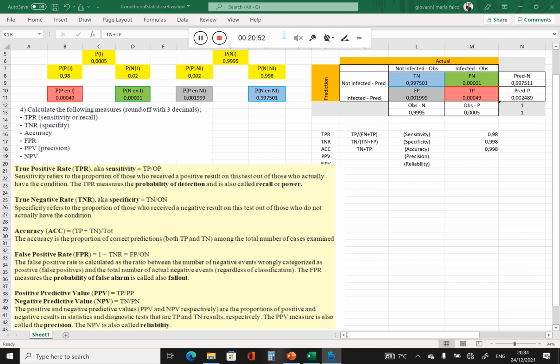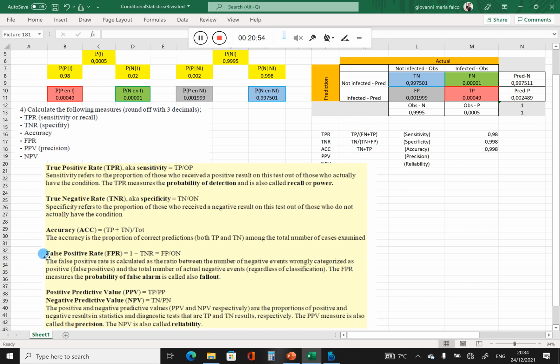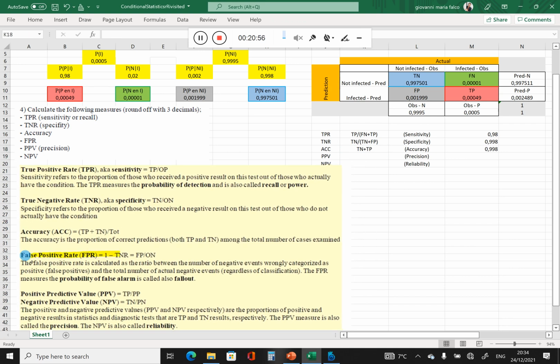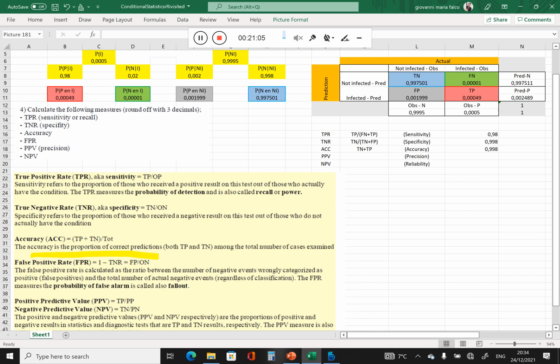Then what we have is the false positive rate. The false positive rate I don't have here in my scheme, because you see this is just the ratio of the false positive divided by the total observed not infected.